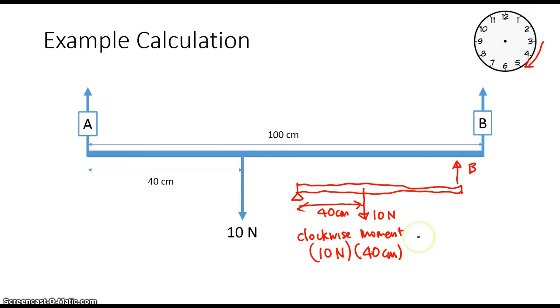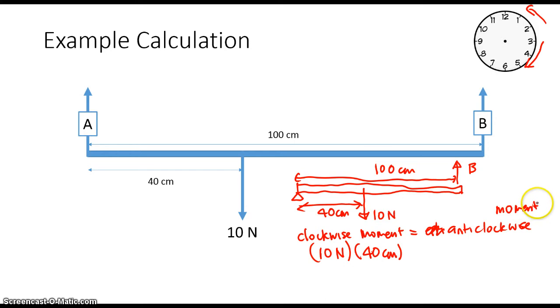Now, B gives us an anti-clockwise moment, because B goes upwards, in the opposite direction to the clock, and therefore it is anti-clockwise.